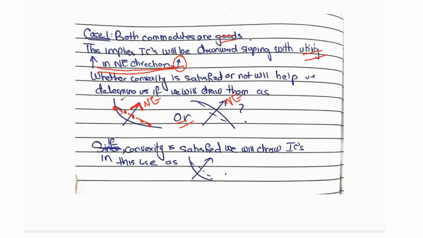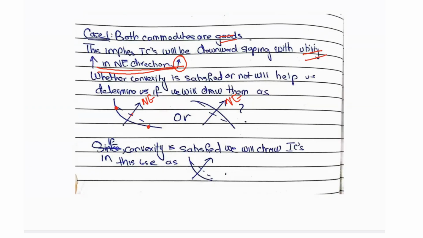These bundles would actually lie on a higher IC, so they'll provide you more utility. So if convexity is satisfied, your IC should be like this, because in this case averages are better than extremes. If you pick any two indifferent extreme bundles on the IC, geometrically, the weighted average can be represented as this line, and since utility is increasing in the northeast direction, averages are better than extremes.